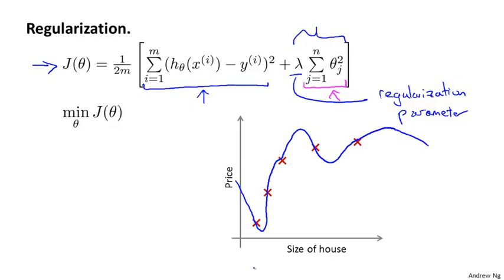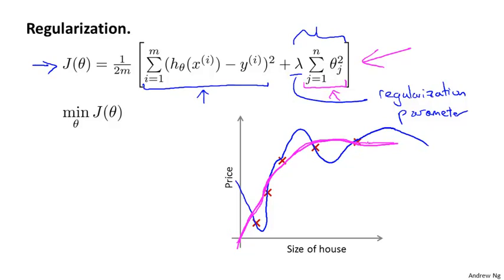If you still fit a high order polynomial with all the polynomial features in there, but instead you make sure to use this regularized objective, then what you can get out is in fact a curve that isn't quite a quadratic function, but is much smoother and much simpler, maybe a curve like the magenta line that gives a much better hypothesis for this data.